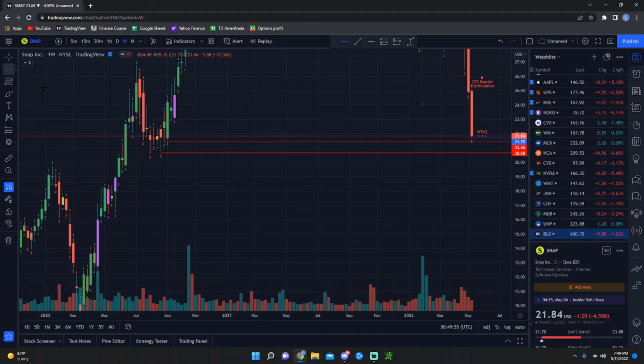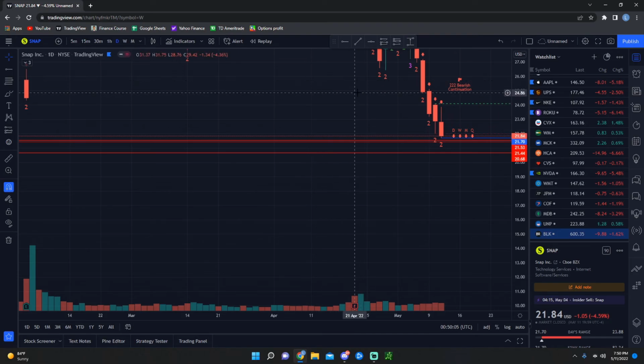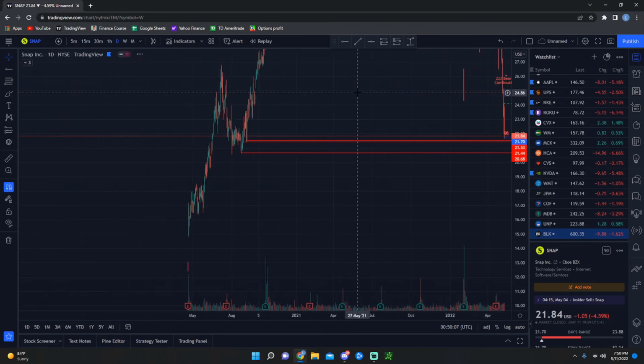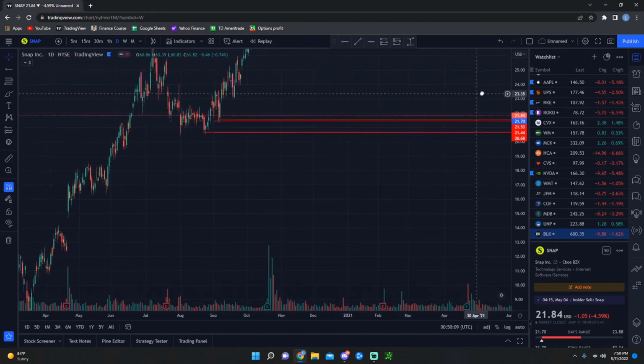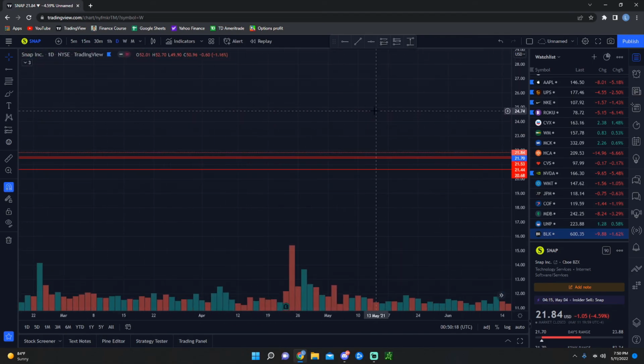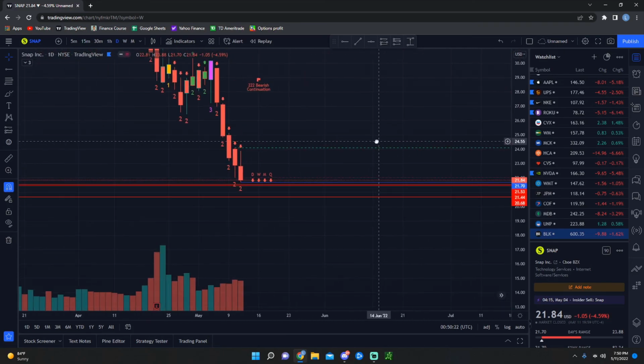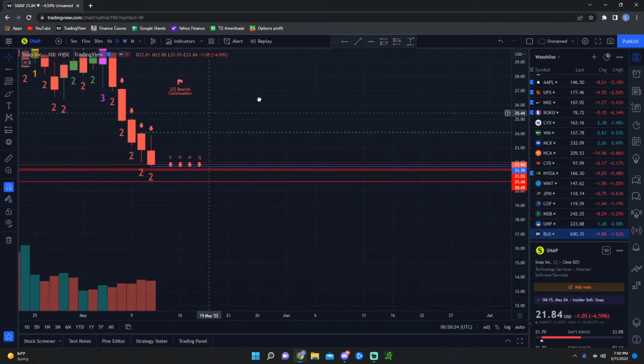Actually, there is this one right here, a little bit higher. And I guess you could use 21.53. Yeah, I didn't notice that one. But yeah, it looks like a pretty good setup. It would definitely hit the first target if it breaks below that 21.7.